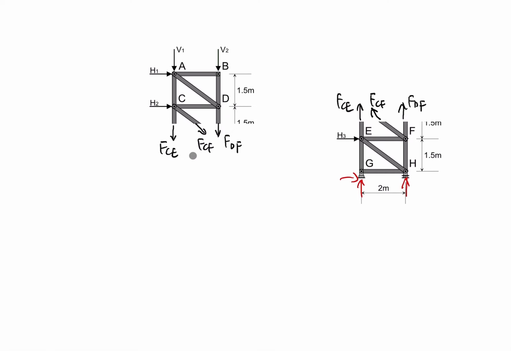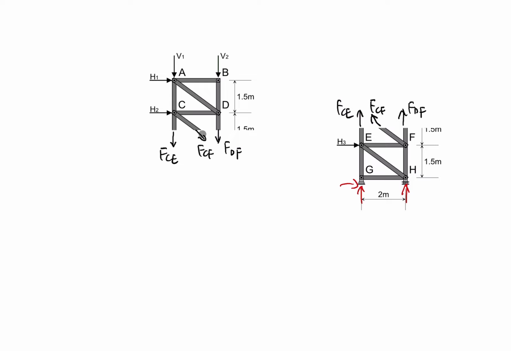For this part, we can write down three equations of equilibrium. Because we want to know FDF and FCF, the first equation of equilibrium we can write down is the moment equation of equilibrium at the point C equal to 0, because FCE and FCF go through this joint C. So if we write down the equation at joint C, we don't need to consider FCE and FCF because they have zero moment at this joint.